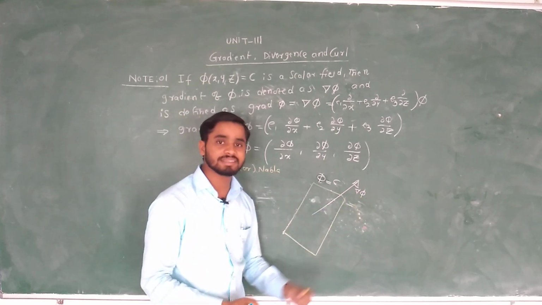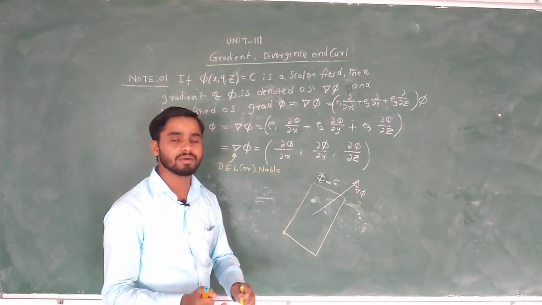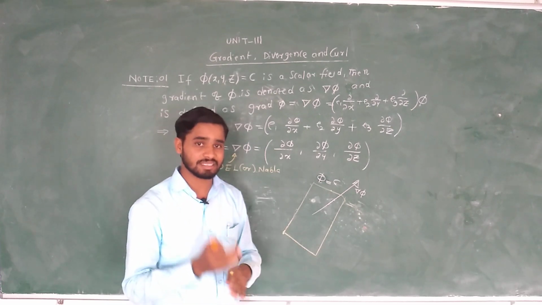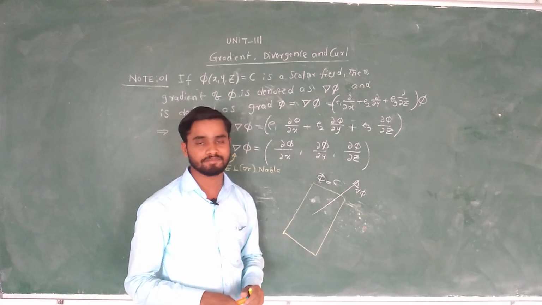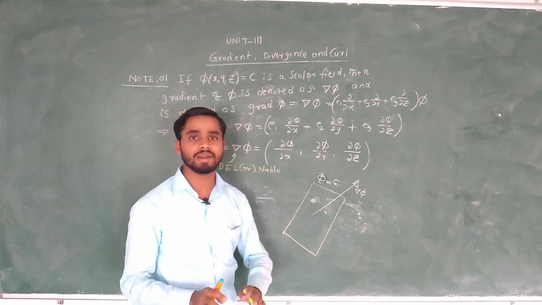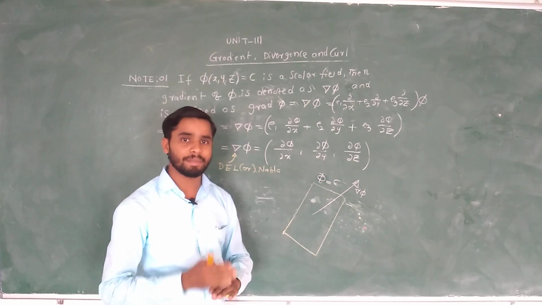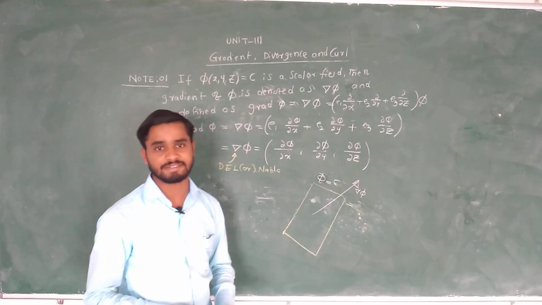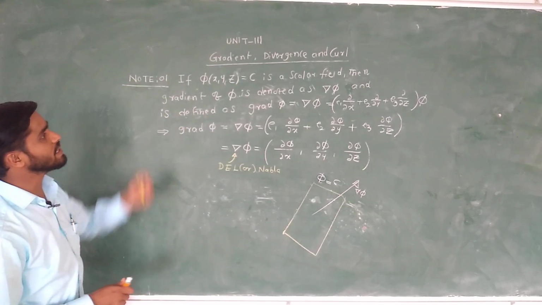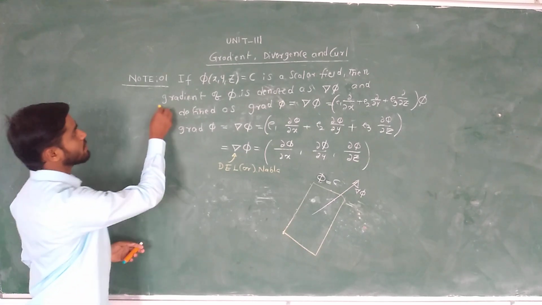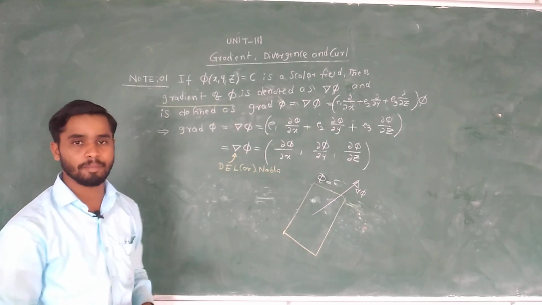So del phi is nothing but the perpendicular vector to the level surface phi is equal to c. In simple terms, gradient means a perpendicular vector to the given level surface. So that is exactly the meaning of gradient of phi, and how to compute gradient of phi.